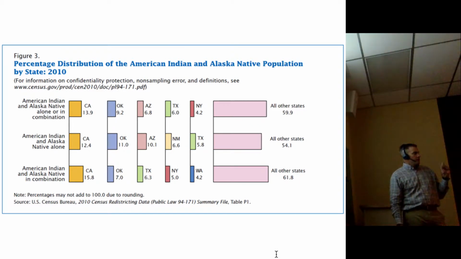In fact, probably the most well-known American Indian leader in modern times in Oklahoma would be who? Wilma Mankiller, right. Wilma Mankiller, the first woman principal chief of the Cherokee Nation. Wilma Mankiller grew up in San Francisco.